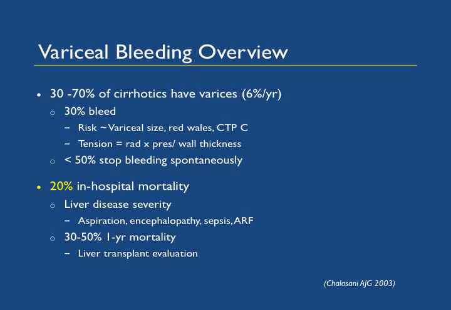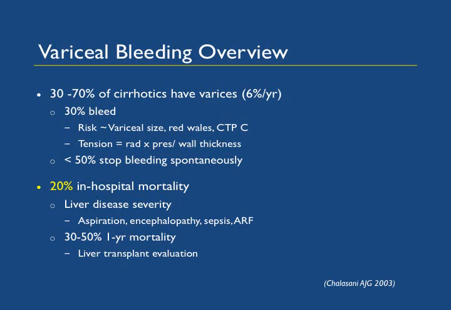All of these factors are actually related to a simple physics principle called Laplace's law, where the tension on the actual variceal wall is related to the radius, which is the size of the varix, multiplied by the pressure, which is the severity of the portal hypertension, divided by the wall thickness, which is related to the presence of blebbing or red whales.